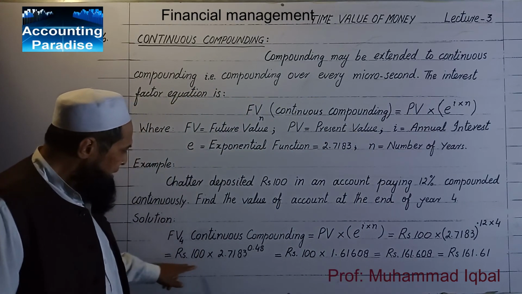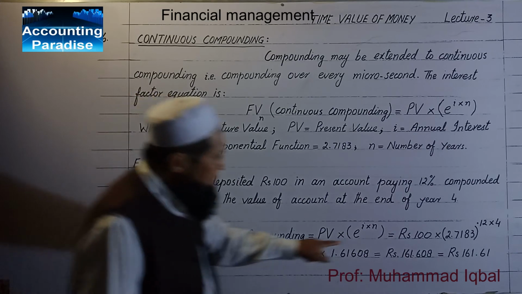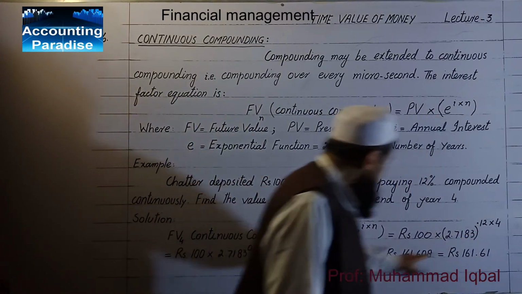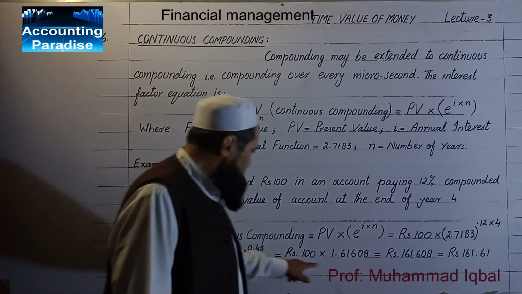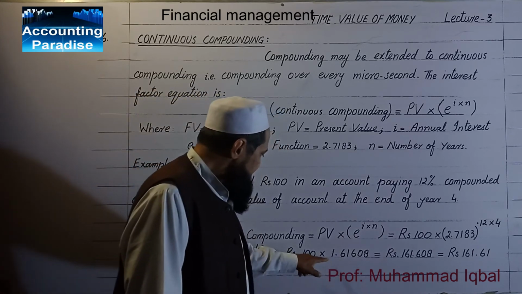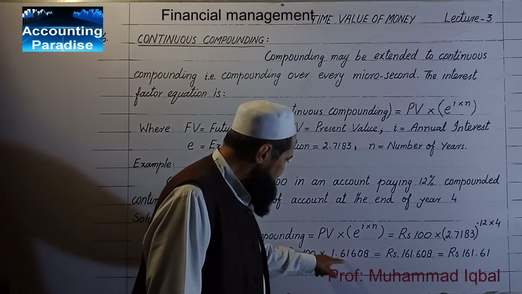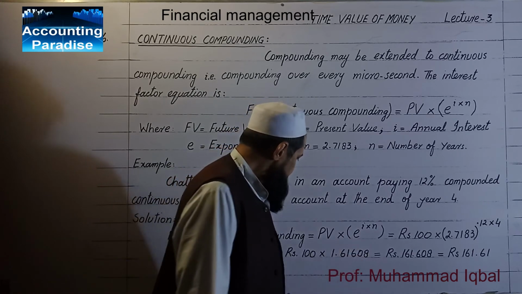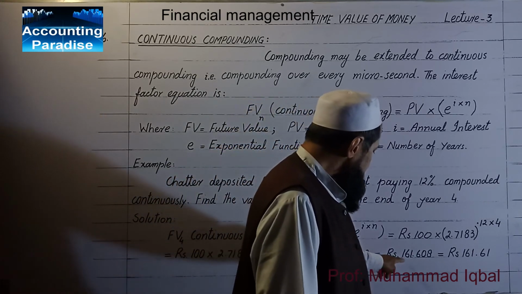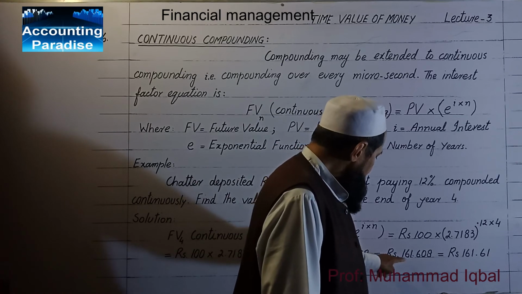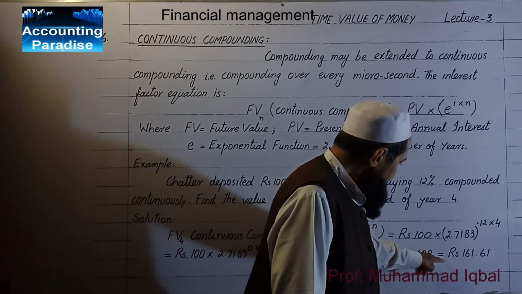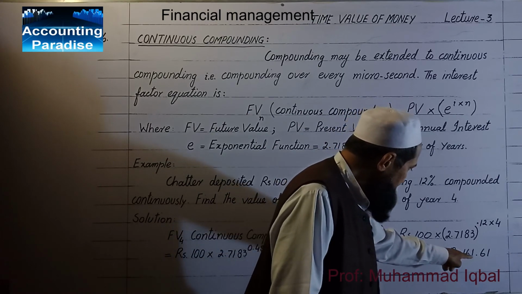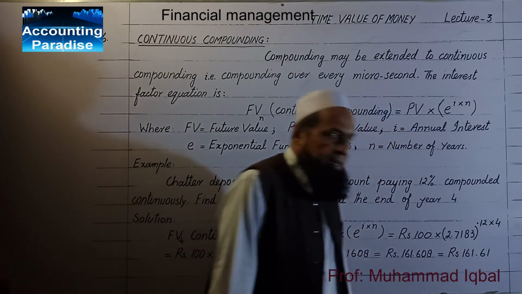It comes to 100 into e raised to the power 12 into 4, which is 0.48. When we calculated its power, it comes to 1.61608. Multiplying by 100, it is rupees 161.608, that is 161.61 rupees.